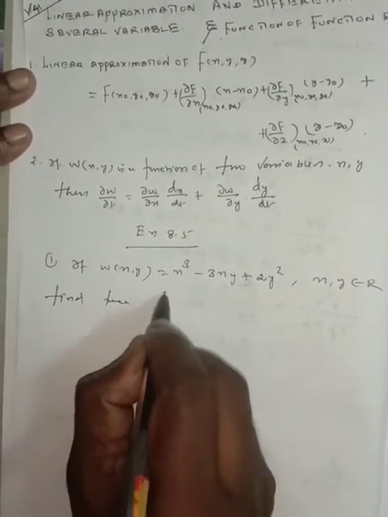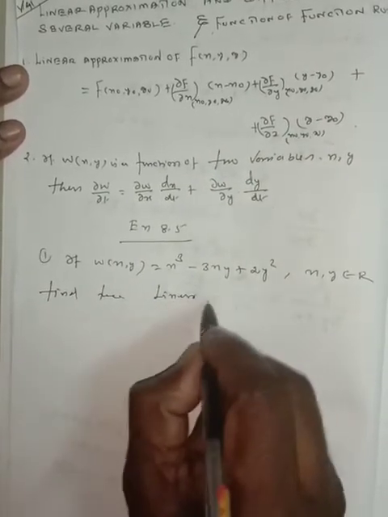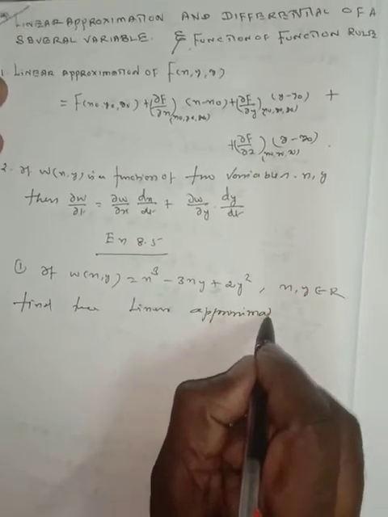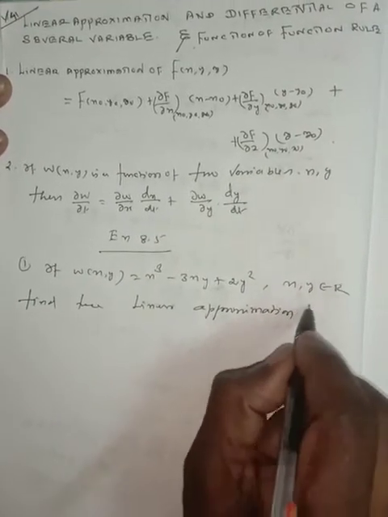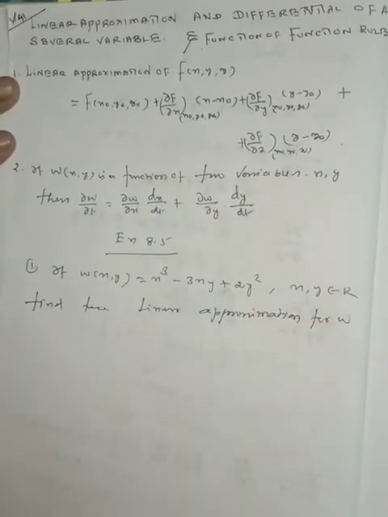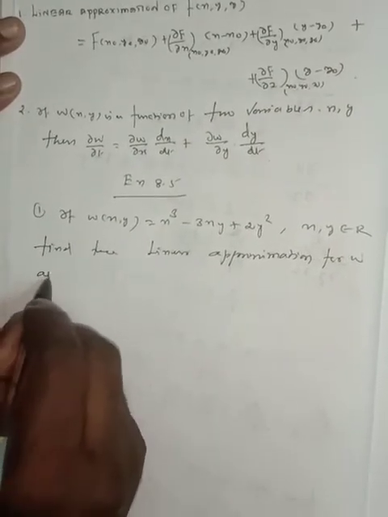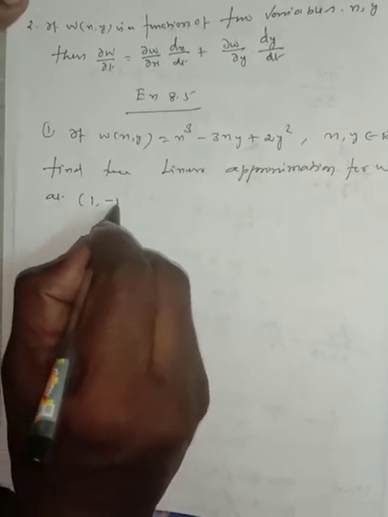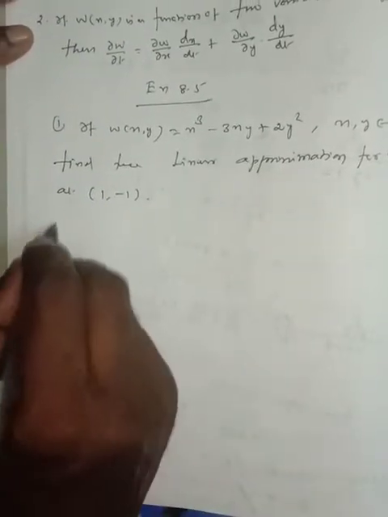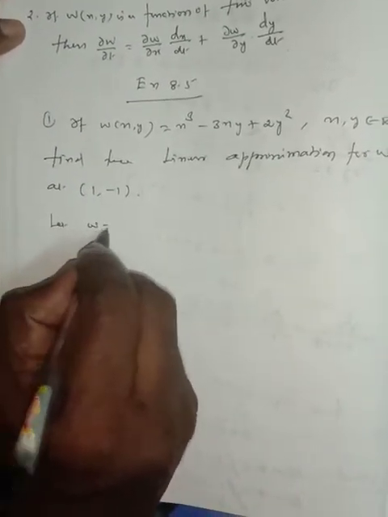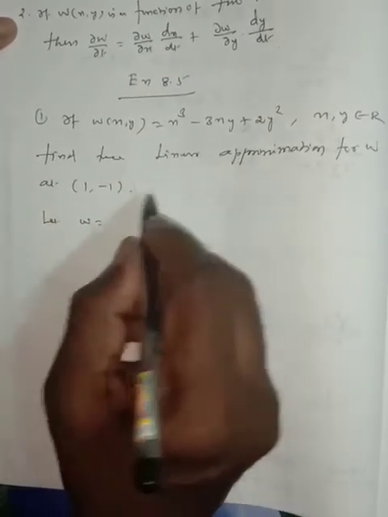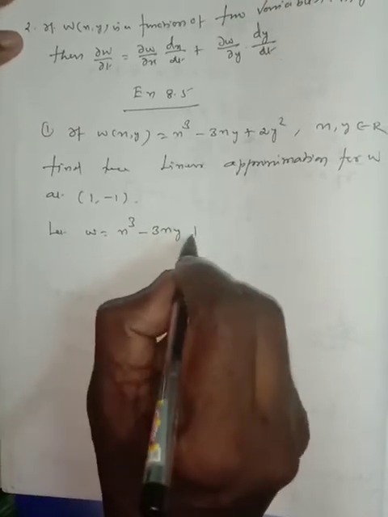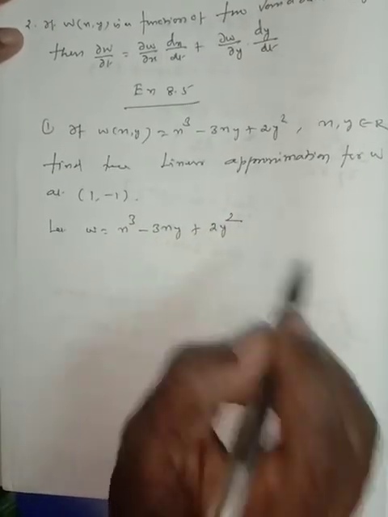Find the linear approximation for w at the point x is 1, y is minus 1. Let w is equal to w of x, y. w is equal to x cube minus 3xy plus 2y square.